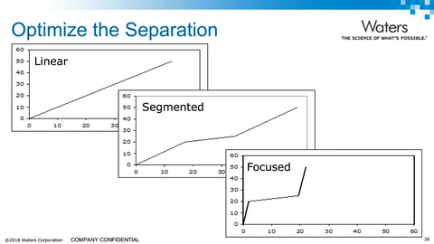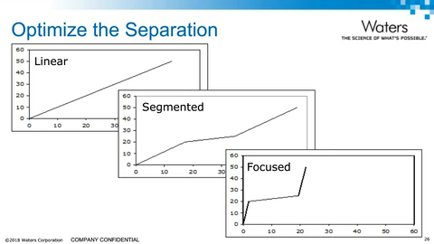The type of gradient that I use most frequently for prep is the focused gradient. And there are a couple of reasons for that. I can very quickly get my sample loaded onto the column, stretch out the gradient around my peaks of interest to move those closely eluting impurities away from my peak of interest.